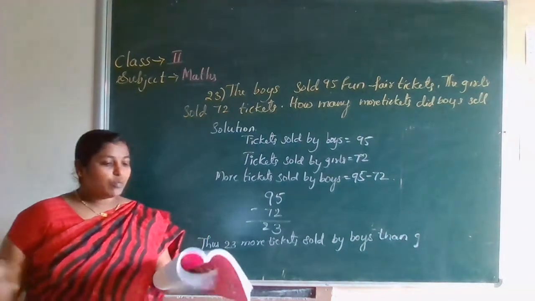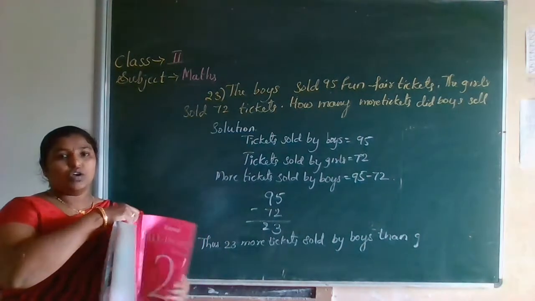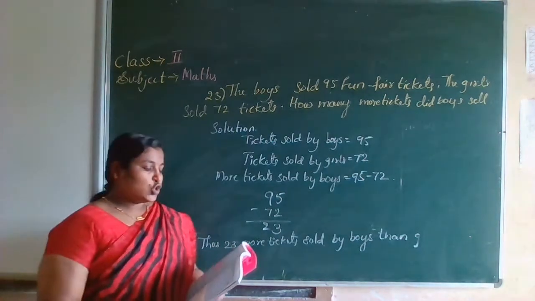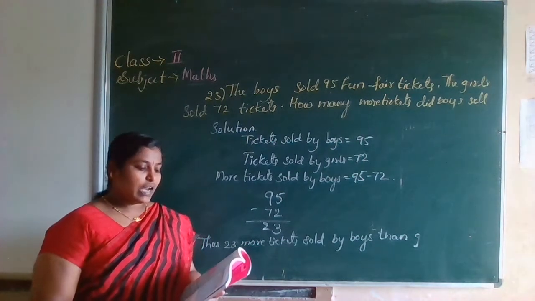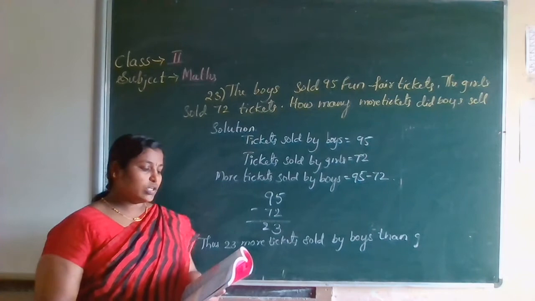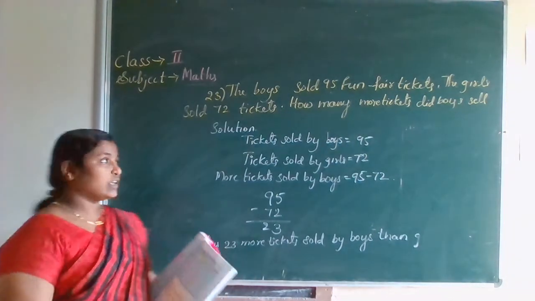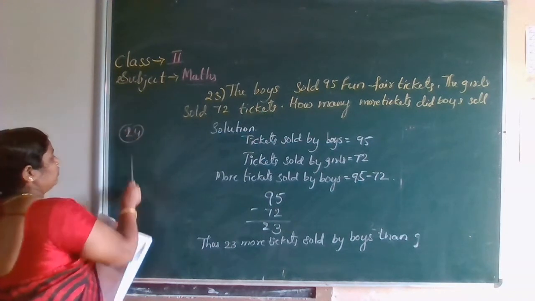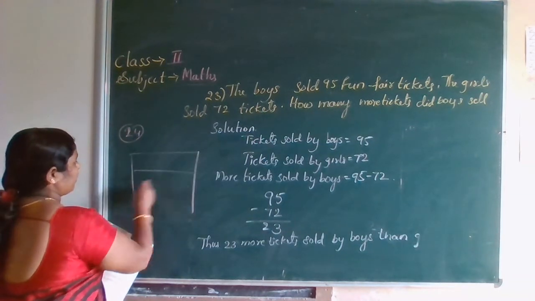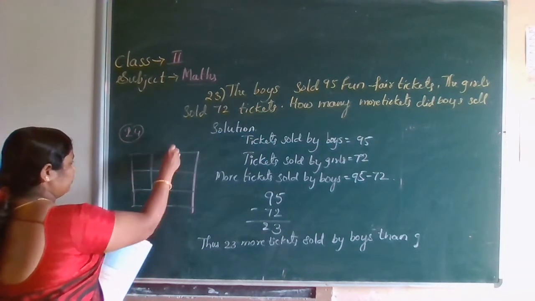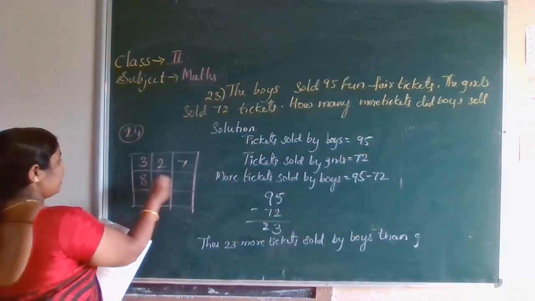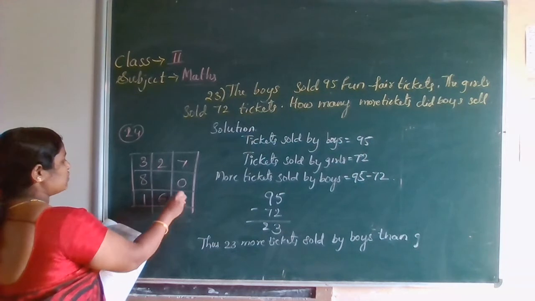Okay, next one more HOTS question. HOTS, higher order thinking skills. What number should be put in the box at the center so that the total is the same in all the directions? So 12, 24. 3, 2, 7, 8, 0, 1, 6, 5.